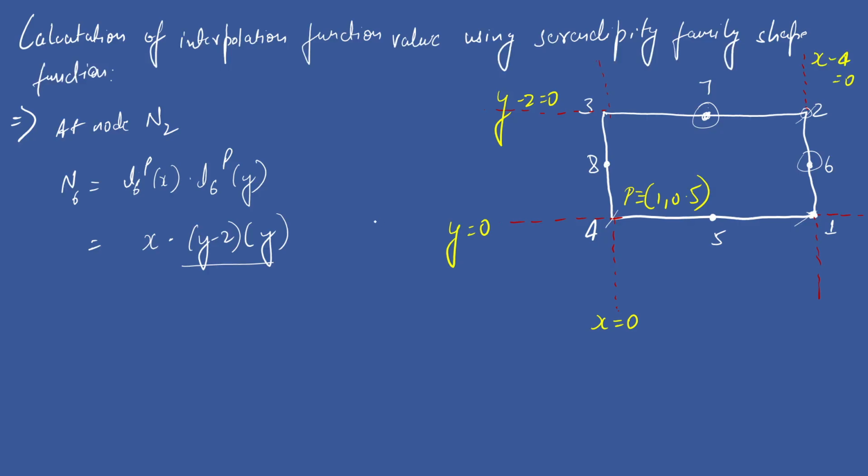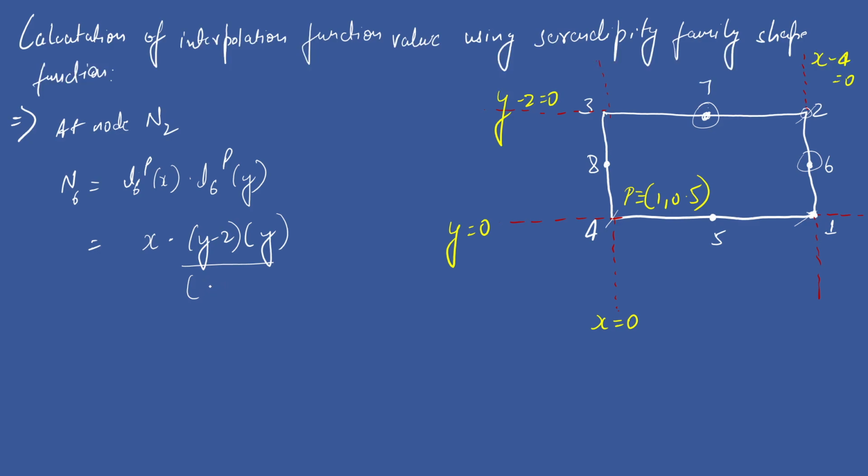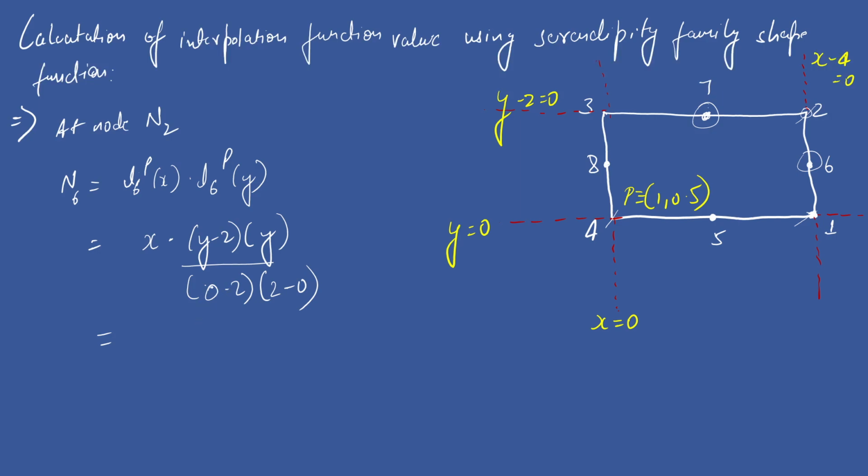So for your L6, xi minus xj, this particular value, so it's 2 minus 0. Yeah, sorry.